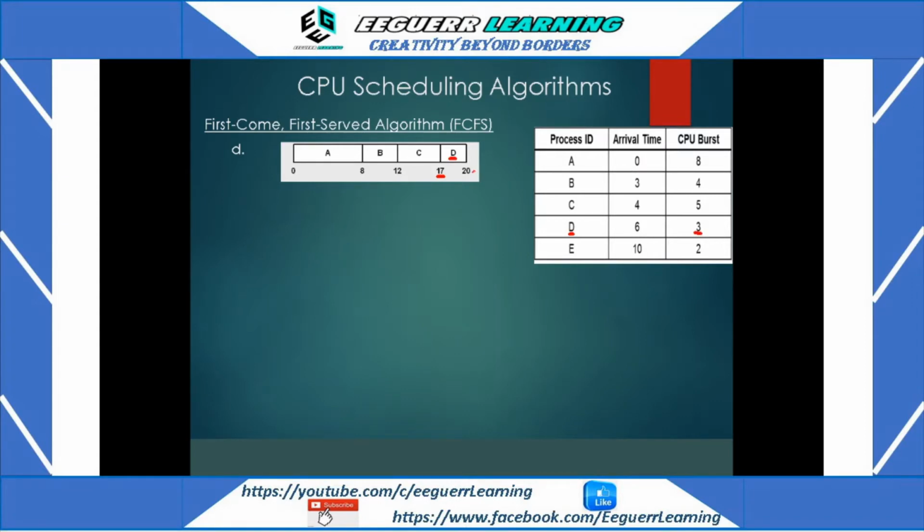So 17 plus 3 will give us 20. Now the processing time for all the processes is 20 milliseconds.